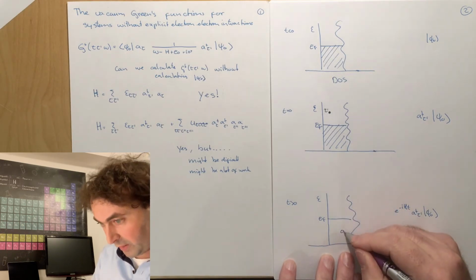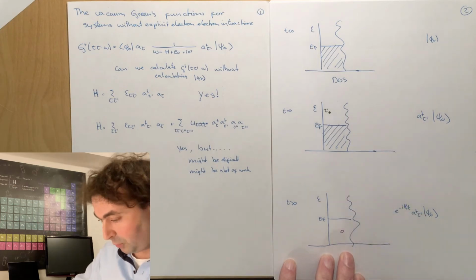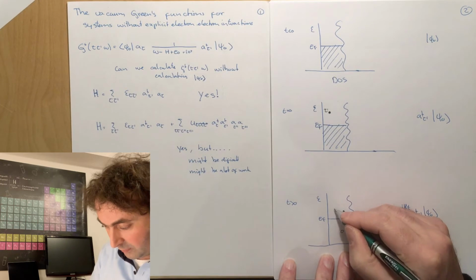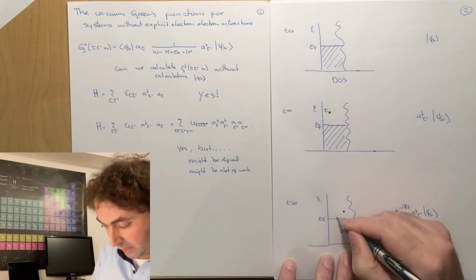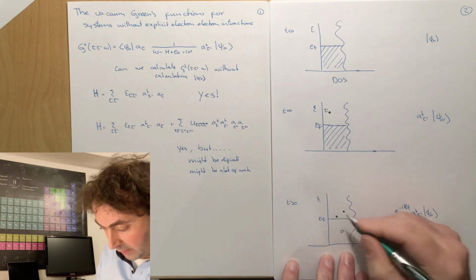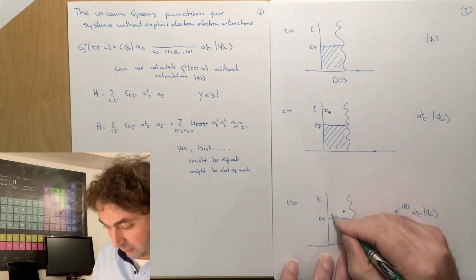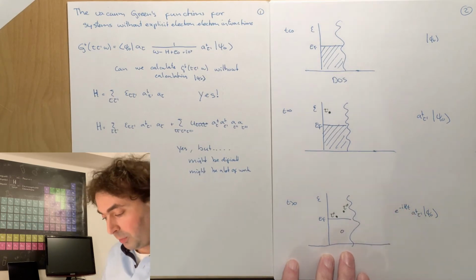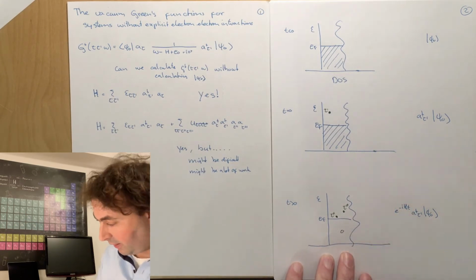So one of the occupied electrons can scatter from the unoccupied to the occupied states. This occupied electron can scatter to another occupied state, such that I now have two occupied electrons extra and one hole.